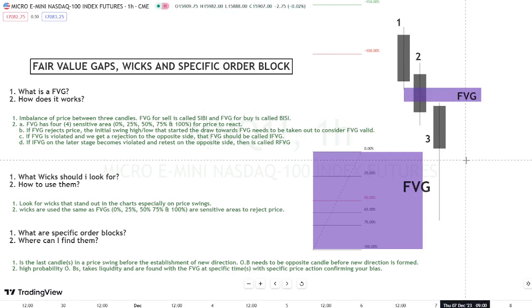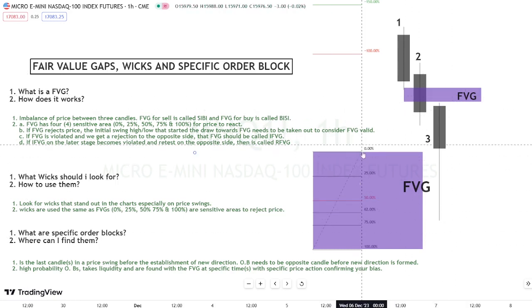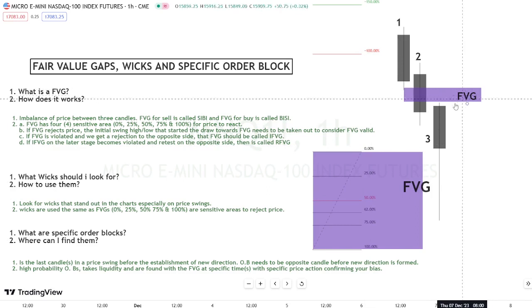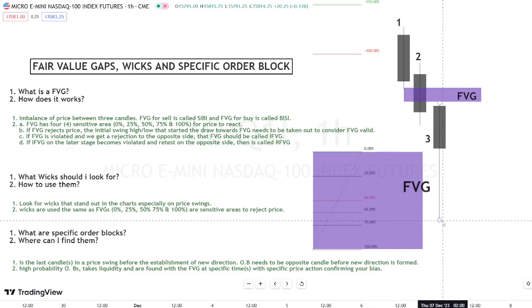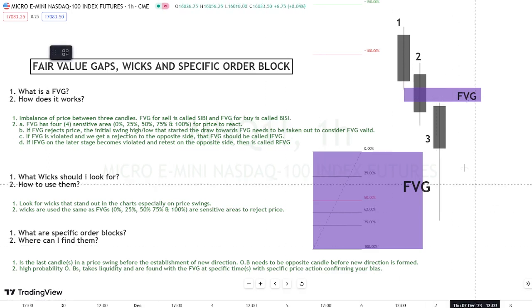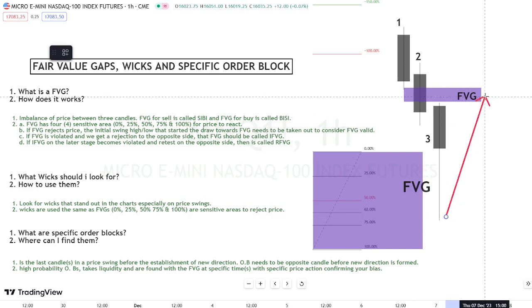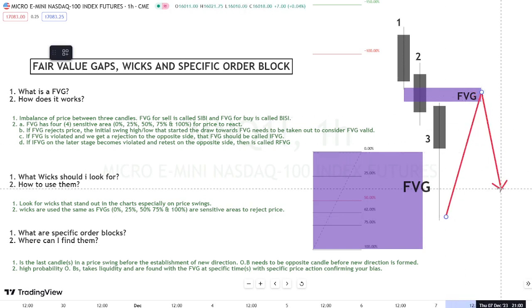When this rejects price on either of the sensitive areas, remember that price goes from here to this fair value gap right here, and it rejects.